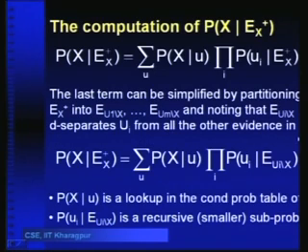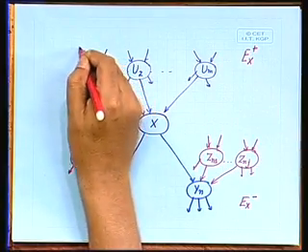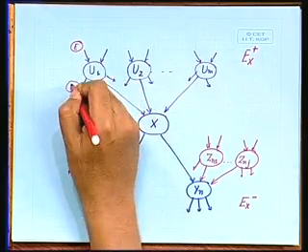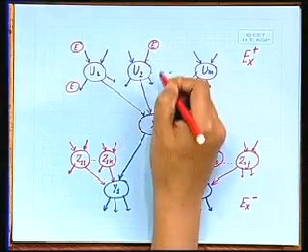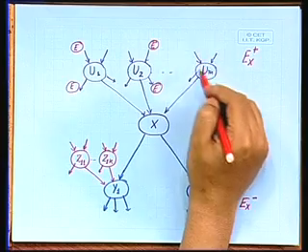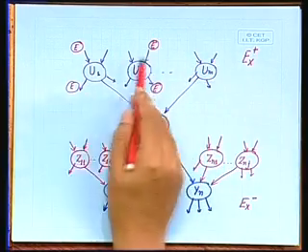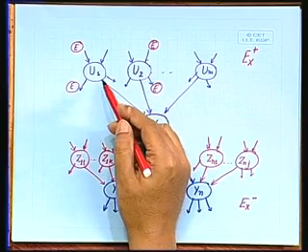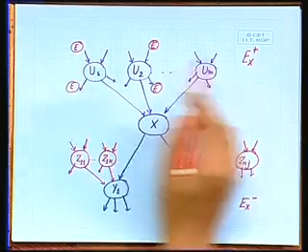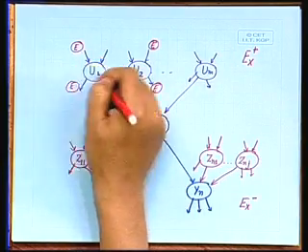What we are essentially saying is that there can be some evidence nodes around U1, some around U2, and some around Um, but these are all independent of each other because they are being deseparated by X. So we can rewrite Ex plus as the evidence around each Ui.